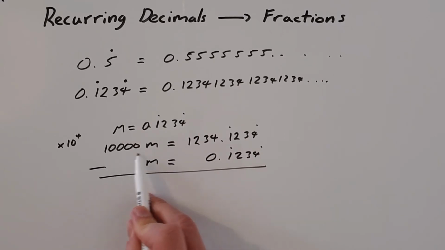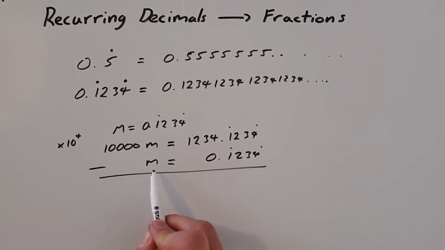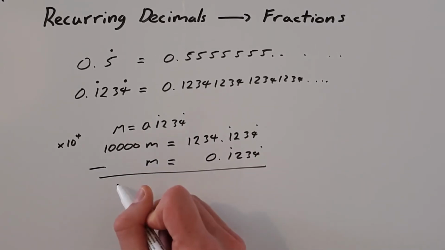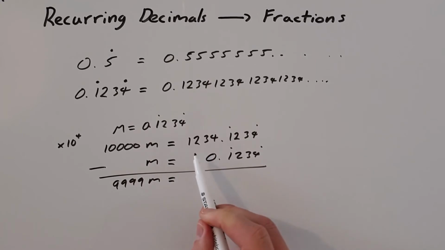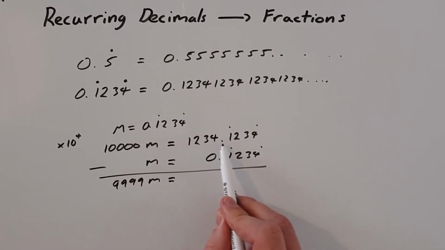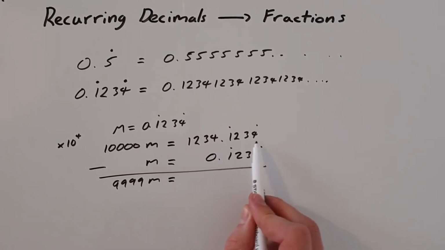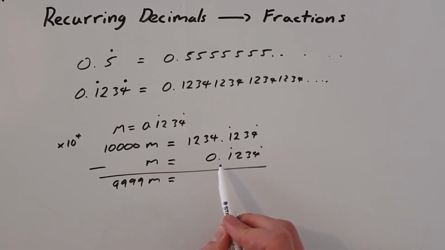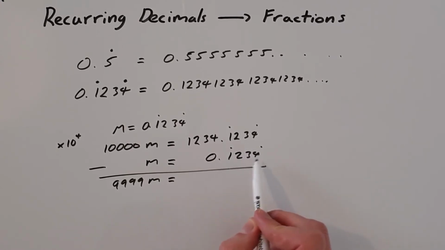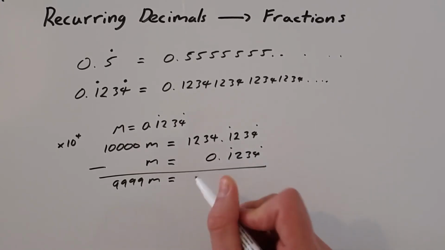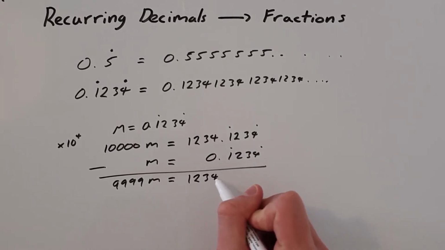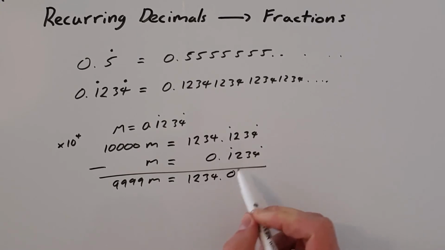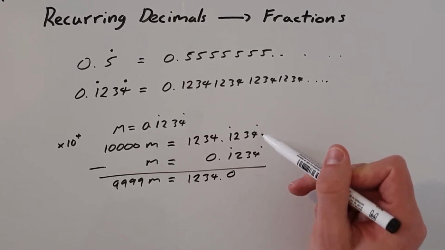So 10,000m minus 1m leaves us with 9,999m. If we take 1234.1234 recurring and subtract the 0.1234 recurring from this, we're left with just the 1,234. It'll be 0.0 because we've taken one away from the other and they're the same.